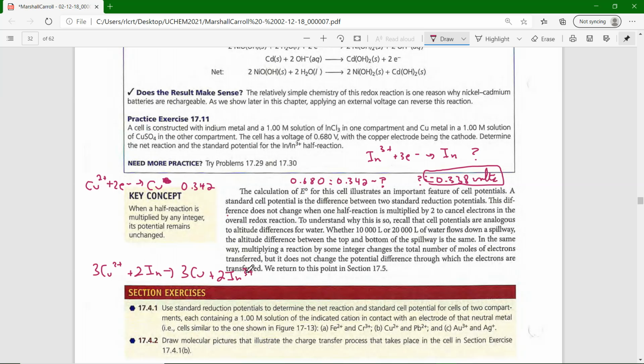Is that right? Let's see. 3 Cu2+ plus 2 In goes to 3 Cu plus 2 In3+. Okay, that looks good. And that's good enough for this.